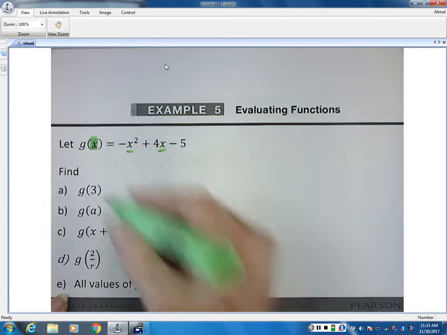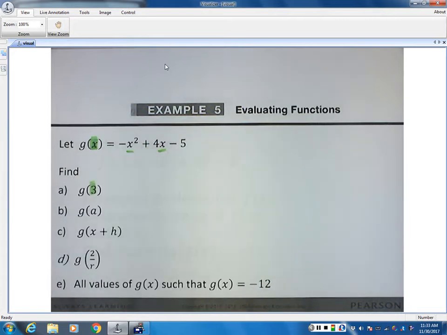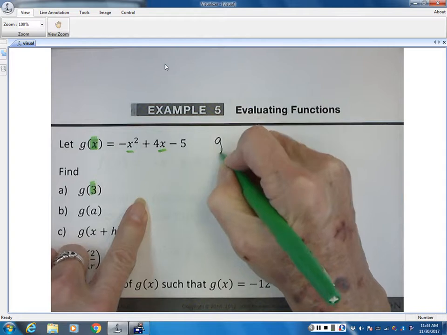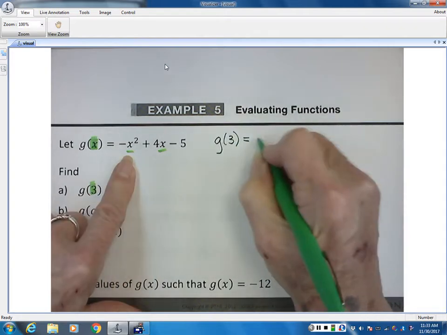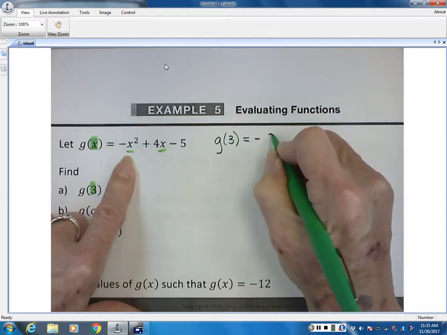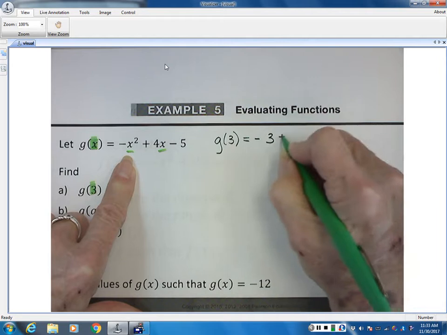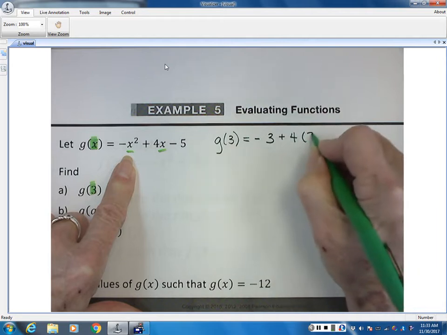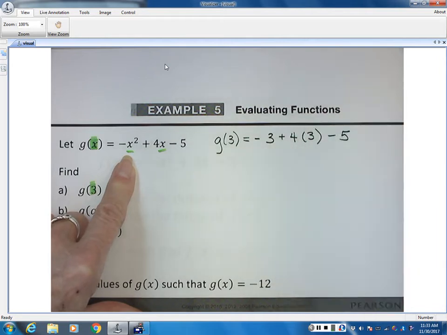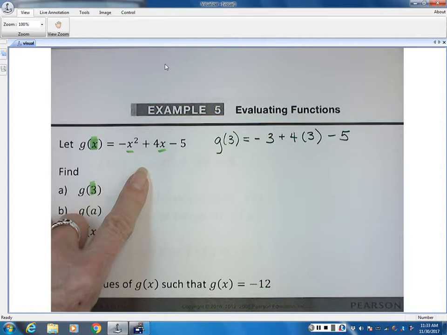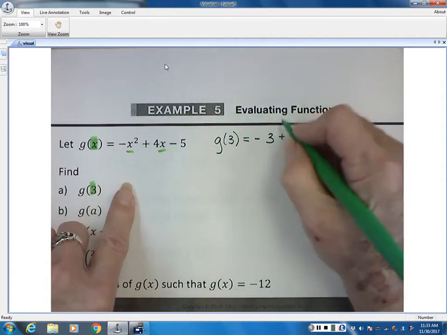So in this case, if we're trying to find g of 3, what we're actually going to do is every place in g that we saw an x, we're going to replace x with 3. And then you just go ahead and do the math.